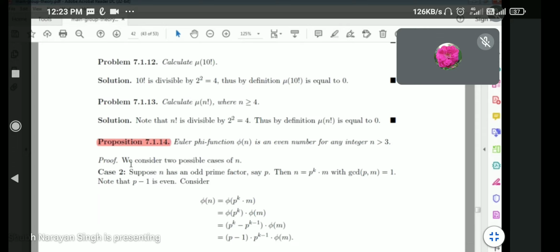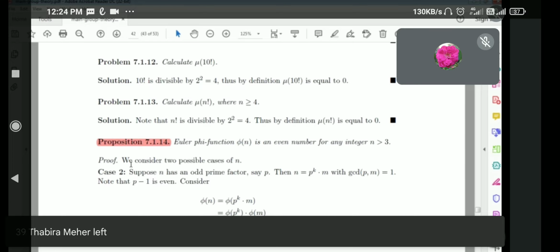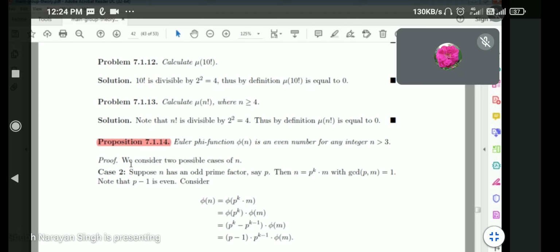Suppose we have any positive integer, like n equal to 1. You know that phi of n equals 1. If n equals 2, then phi of 2 is nothing but 1. And if n equals 3, then phi of 3 is equal to 2.